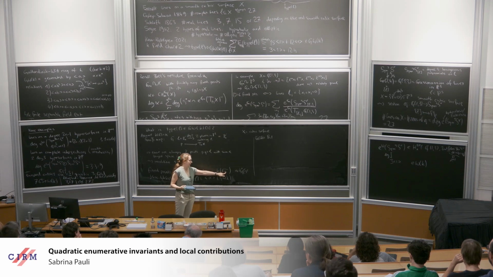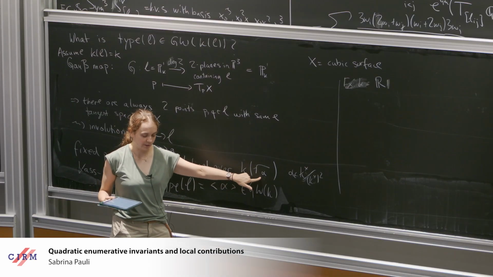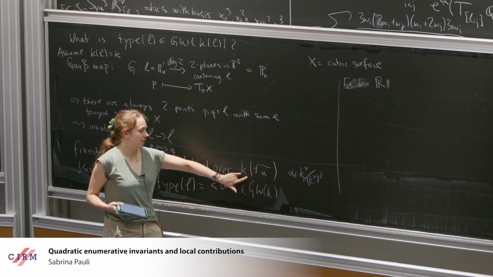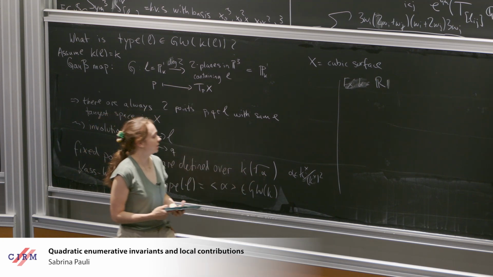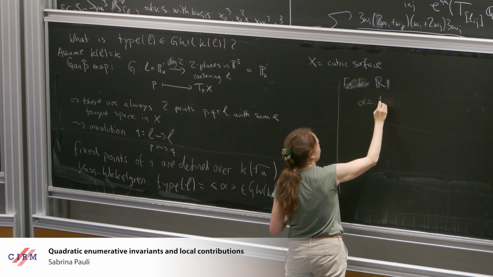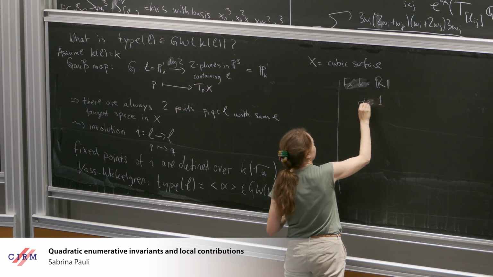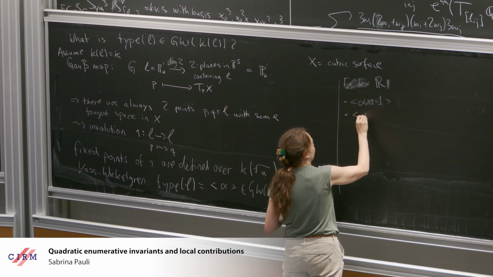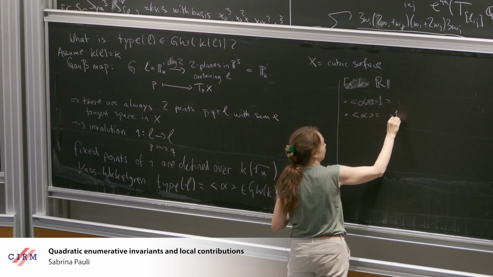I could choose it to be -1, and then K adjoined the square root of alpha would be the complex numbers, or I could choose it to be 1, and then both fixed points are just defined over R. So either bracket alpha is equal to 1 in brackets, or bracket alpha is equal to minus 1 in brackets.